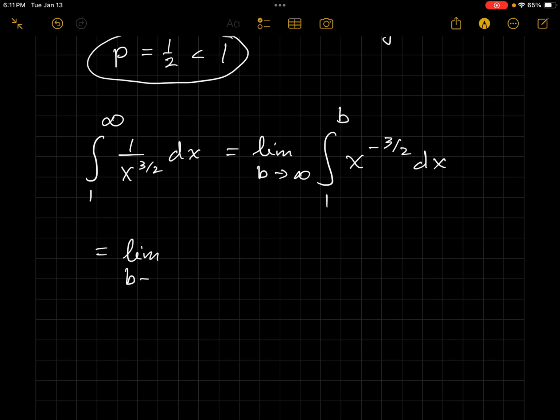So when we find the antiderivative, we get x to the negative 1/2 divided by negative 1/2, or times negative 2, from 1 to b. I'll rewrite this one again as negative 2 over x to the 1/2.